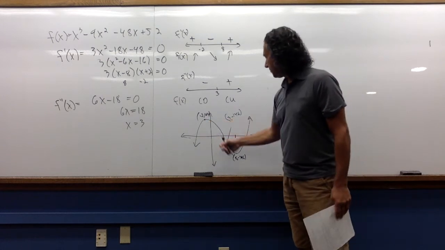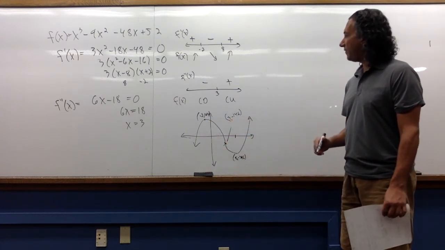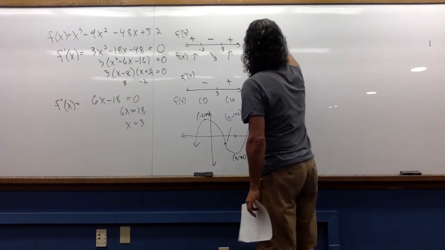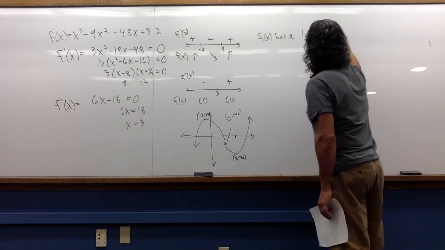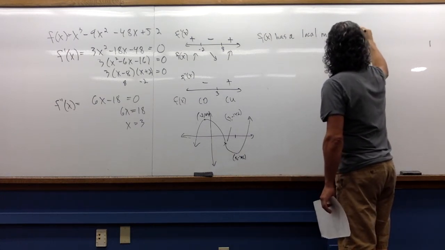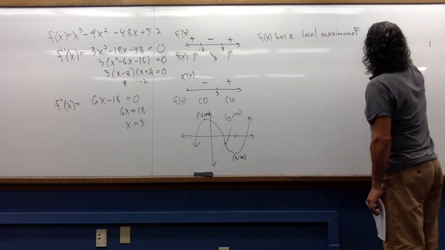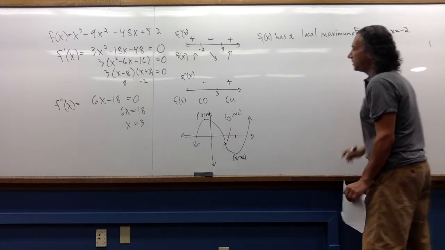And these particular points have special names that we need to be aware of. So we would say that f of x has a local maximum of 104 at x equals minus 2.